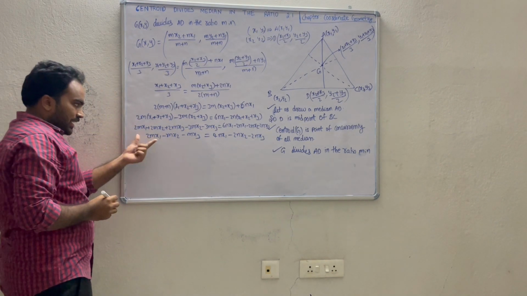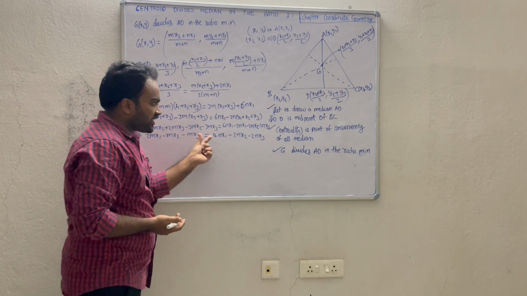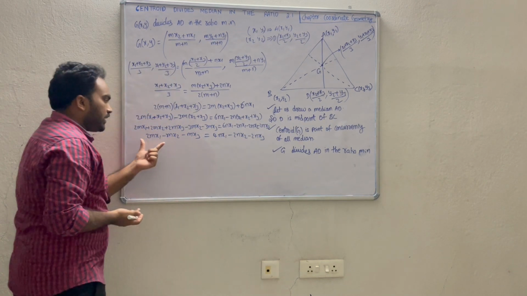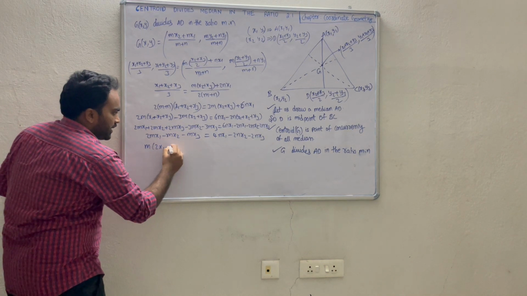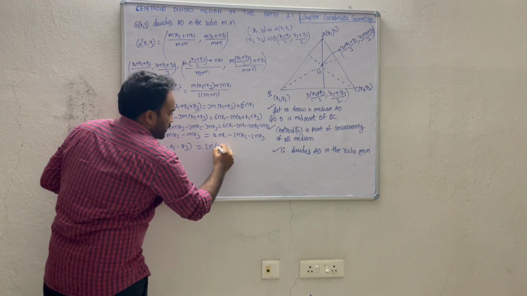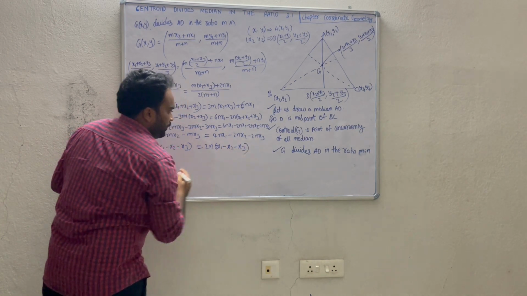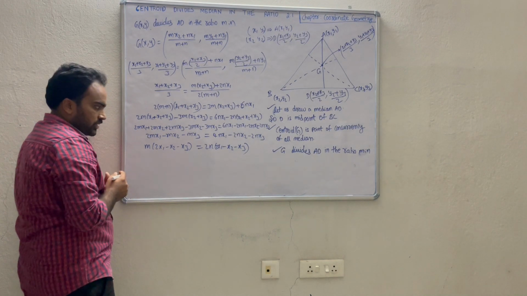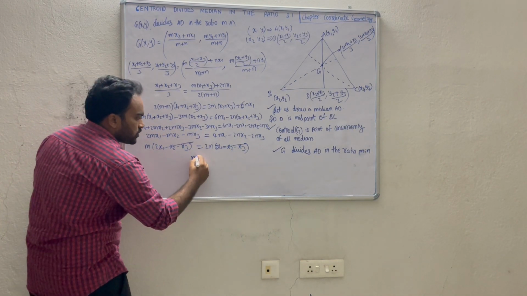Now take m common on the left side: m(2x1 minus x2 minus x3). On the right side, each term has 2n common: 2n(2x1 minus x2 minus x3). If you see carefully, this term is the same on both sides. If we cancel these, the whole equation reduces to this.